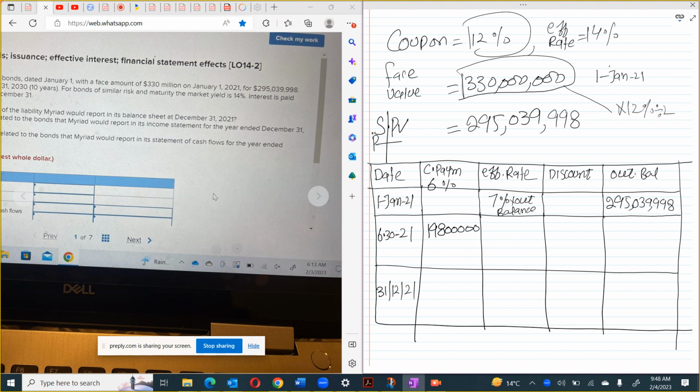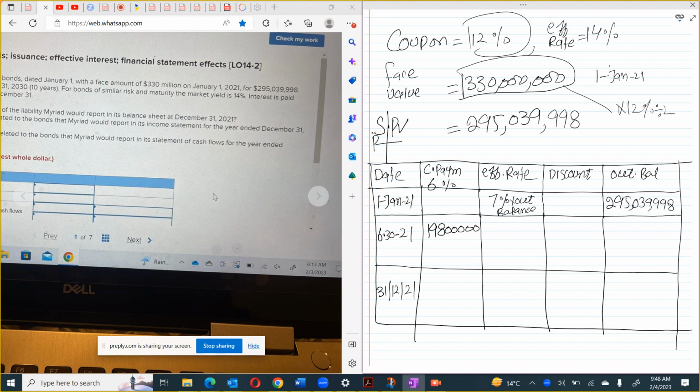Okay. So we have face value 740,000 and market yield. This is the effective interest rate. So we have two things: the coupon is 4%, and the market yield is 5%. The bond matures 31st December 2024, so the maturity is 4 years.